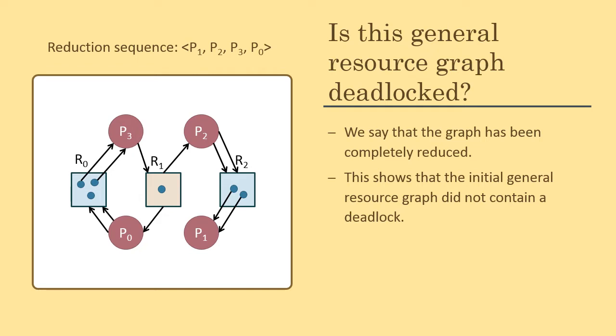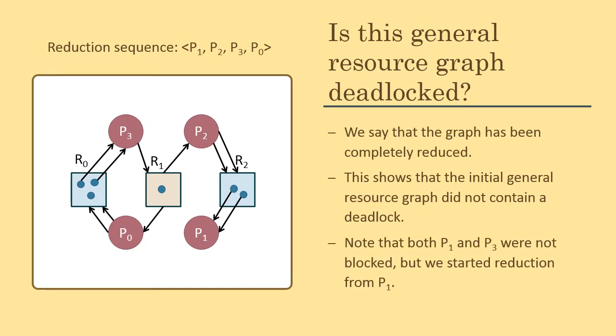Here we have one consumable resource R1 and there are two producers for it, P0 and P2. And this given general resource graph can be reduced with the sequence P1, P2, P3 and P0. Note that both P1 and P3 were not blocked when we started, but we started reduction from P1.